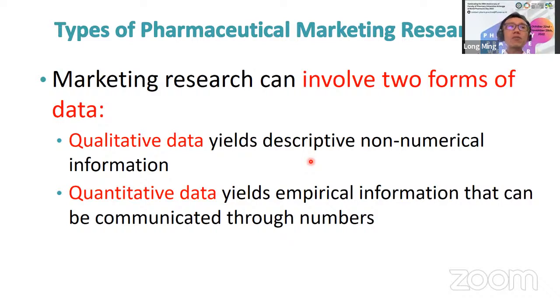On the other hand, quantitative data is numerical, can be counted in digits, like for example the frequency, standard deviations, prevalence, and percentages.